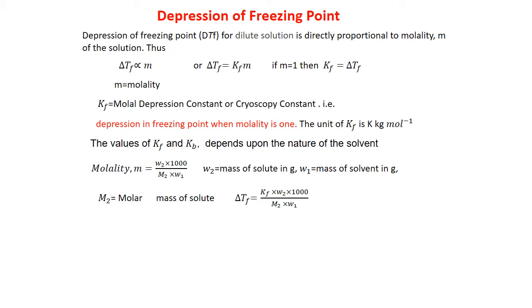So the molality formula we know, it is placed in the value of small m. So the formula will be delta Tf is equal to Kf W2 1000 divided by M2 into W1. W2 is weight of solute, M2 molecular mass of the solute, W1 weight of the solvent.